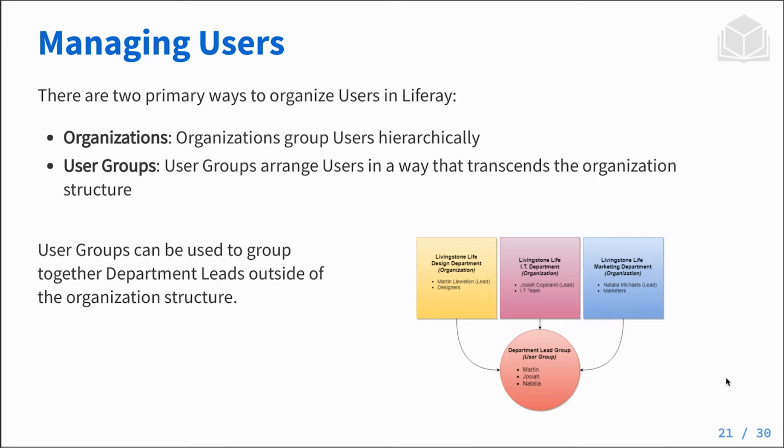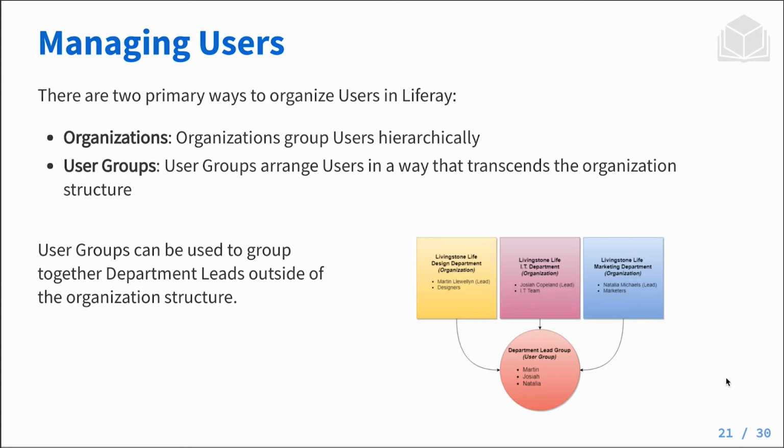Now there's also the ability to group users through what are called user groups. User groups allow you to take users and group them into specific groupings that transcend the organization structure. In the example I just gave, with the Livingston Hotels and Resorts organization structure and our different hotels and resorts represented as different organizations, a user group might be all of the managers from all of the different hotels.